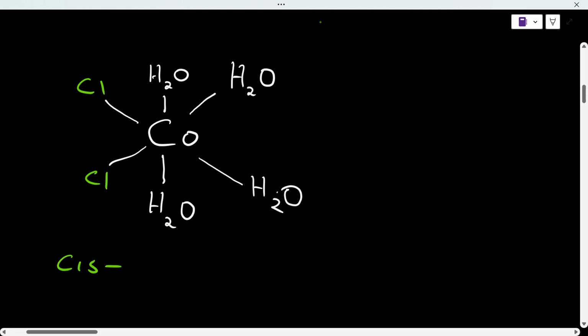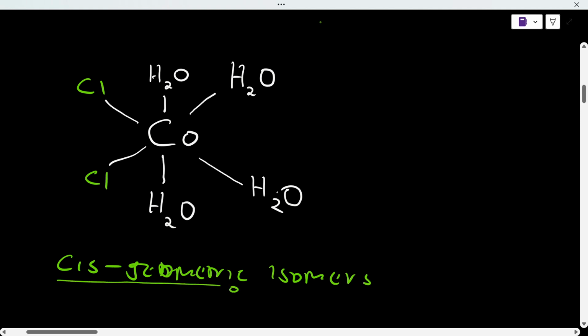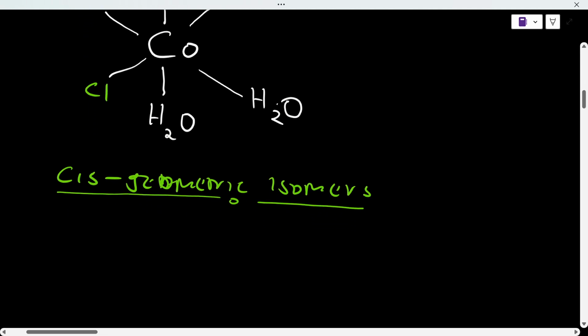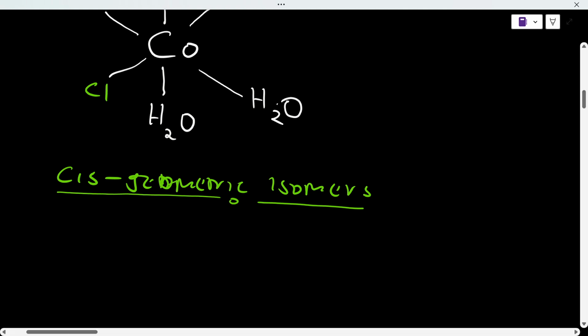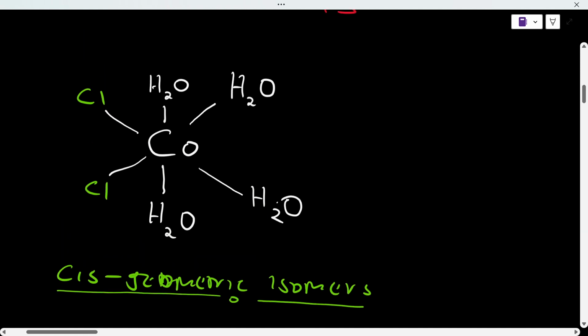Now, using this example, how can we define cis geometric isomers? When exhibiting cis geometric isomer, we have to know that the reference points here are these 2 chlorines that are bonded.